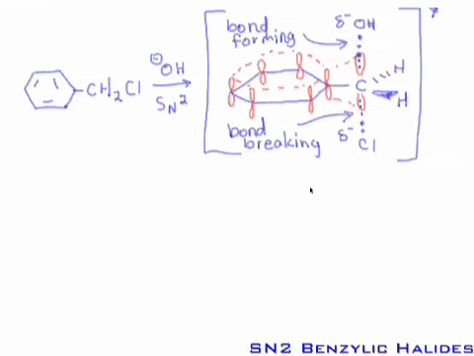Stabilizing the transition state lowers its energy, and the reaction speeds up. Benzylics can react faster than methyl halides. The net result in the SN2 reaction of the benzylic is that you substitute for the halide and produce benzyl alcohol.